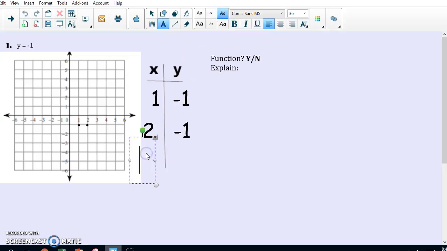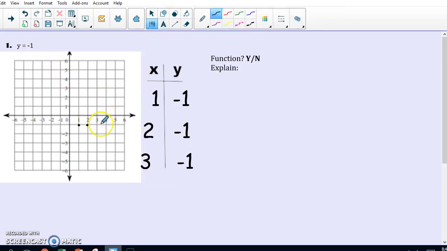If my x value is 3, what is my y value going to be? Well, we know it's going to be -1. And if we plot that point, we're creating what kind of a line? If I connect all my points, it's going to create a horizontal line.